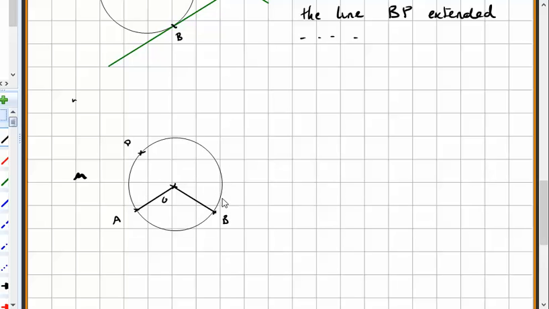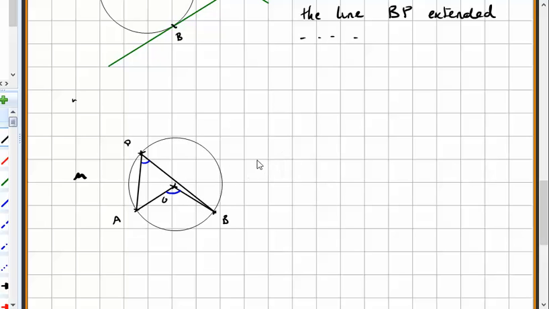So if we go from A to B, an angle is created. If we then go from A to P to B, we get a different angle created. So we've got an angle there, and we've got an angle there.